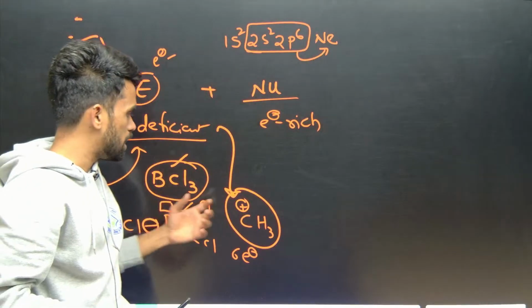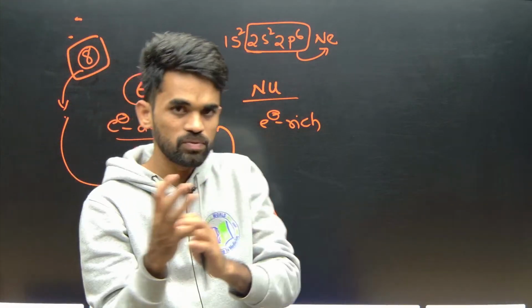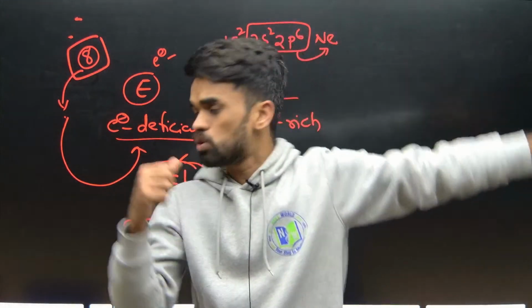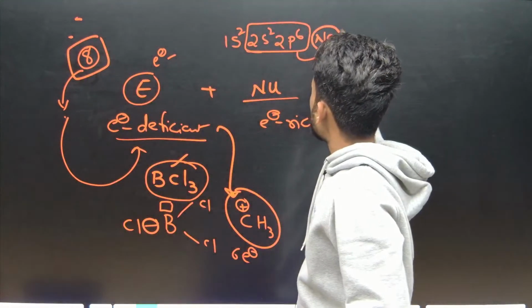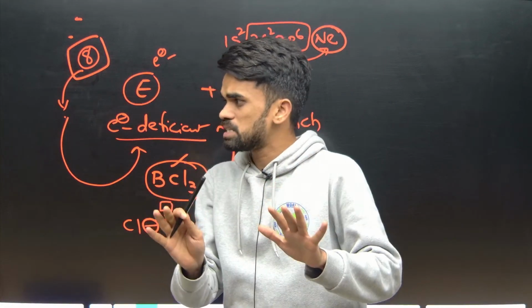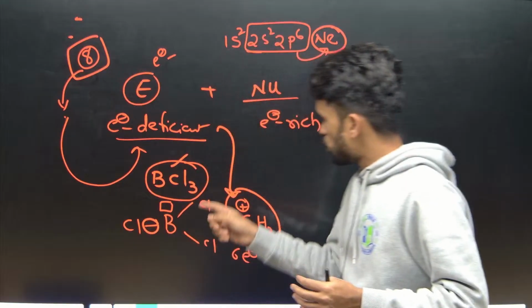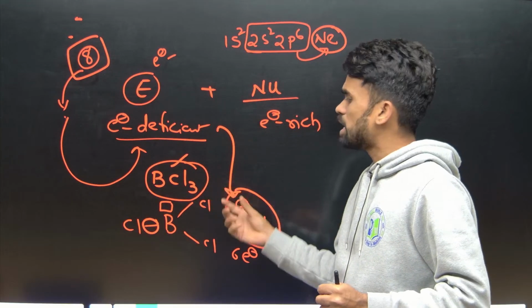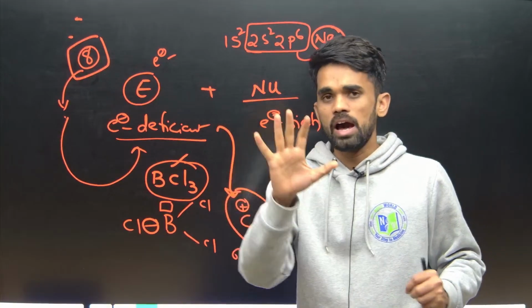That's why all the elements of the 2p series always tend to attain the neon configuration by attaining 8 electrons in their valency. This is the main reason for the chemical reactivity of electron deficient species. I hope it is clear.